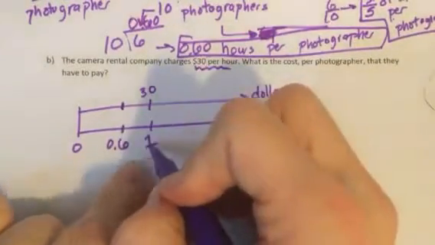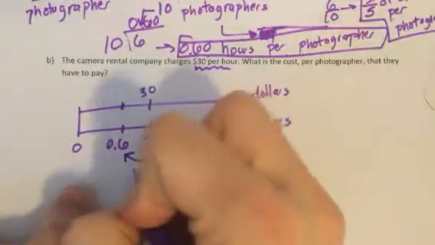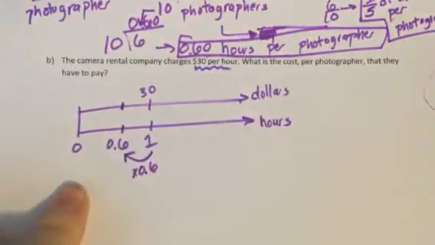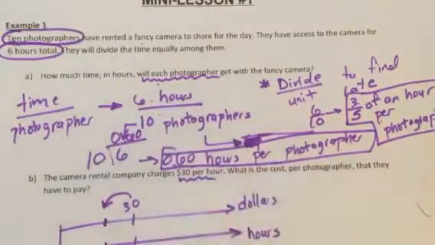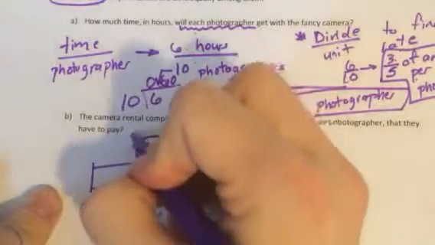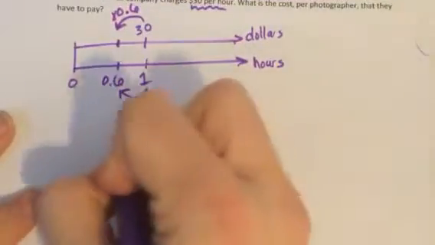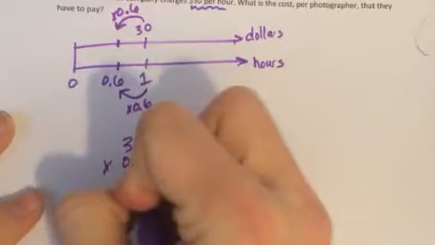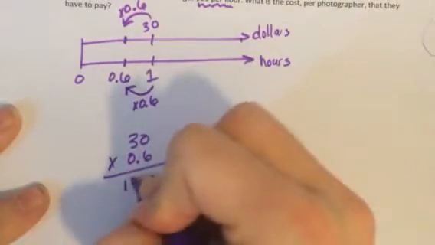Well, to get from 1 to 0.6, I'm multiplying by 0.6. So to get from 30 to whatever value goes here, I'm also going to multiply by 0.6. So let's show that. At the bottom, I'm going to have 30 times 0.6. 6 times 0 is 0. 6 times 3 is 18.